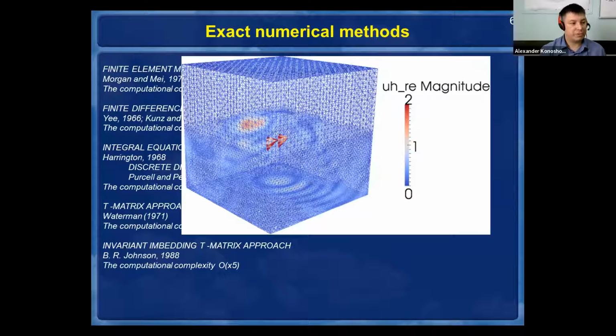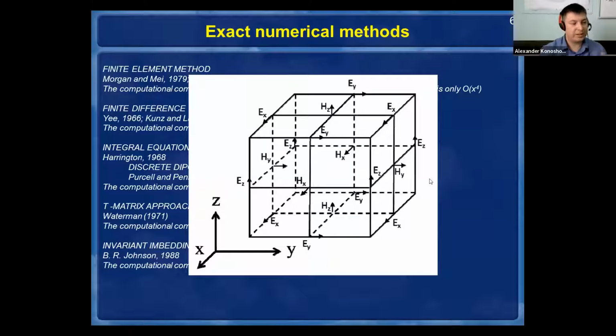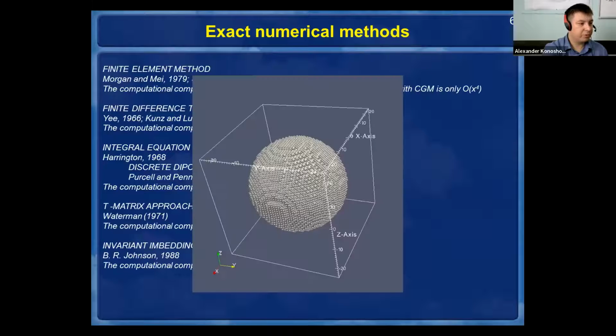You have to discretize by a small mesh, and the bigger the particle, the more mesh and the more computer resources you need. The integral equation method, like the discrete dipole approximation, discretizes the particle with finite domains, like dipoles, and also needs more computer resources the bigger the particle is.